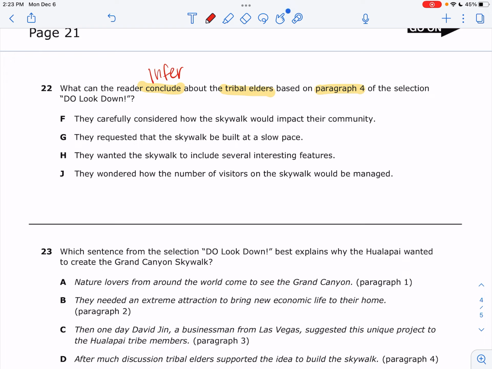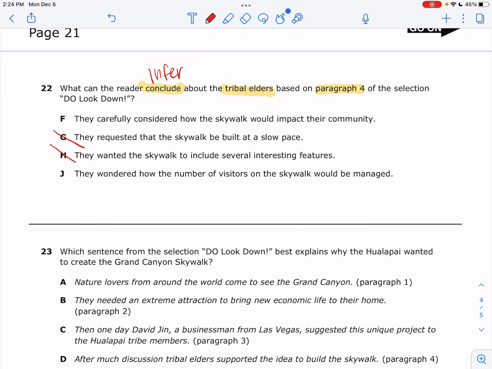G, they requested that the skywalk be built at a slow pace. That was never mentioned in here at all, so that clearly cannot be the correct answer. So mark out G. H, they wanted the skywalk to include several interesting features. Not necessarily, because that was never talked about in here, so H would be wrong.